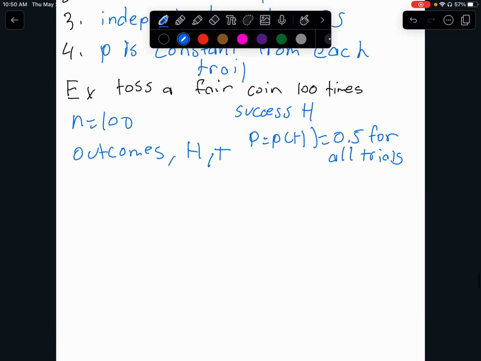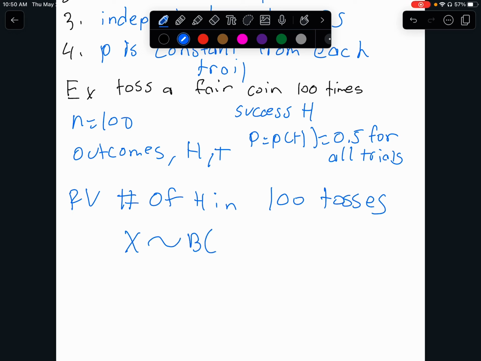Because it's 100 tosses, our random variable, the number of heads in 100 tosses, is X ~ Binomial(100, 0.5). So 100 is the number of tosses, and 0.5 is the probability for each trial.